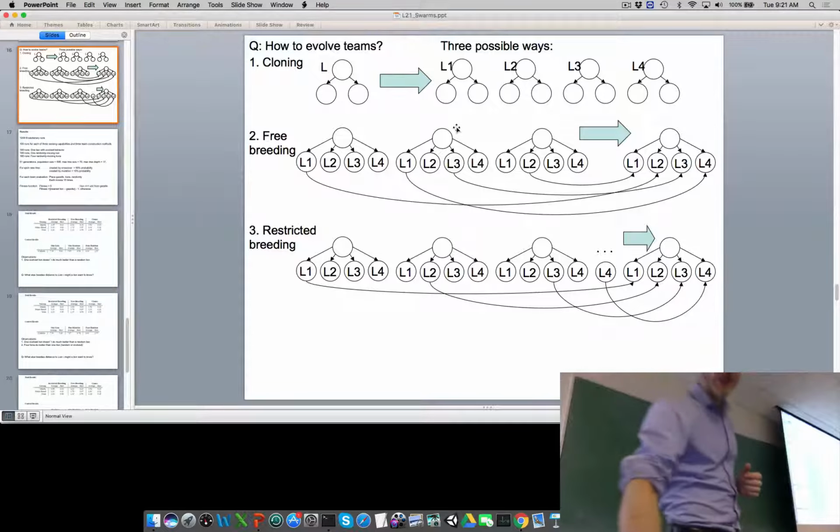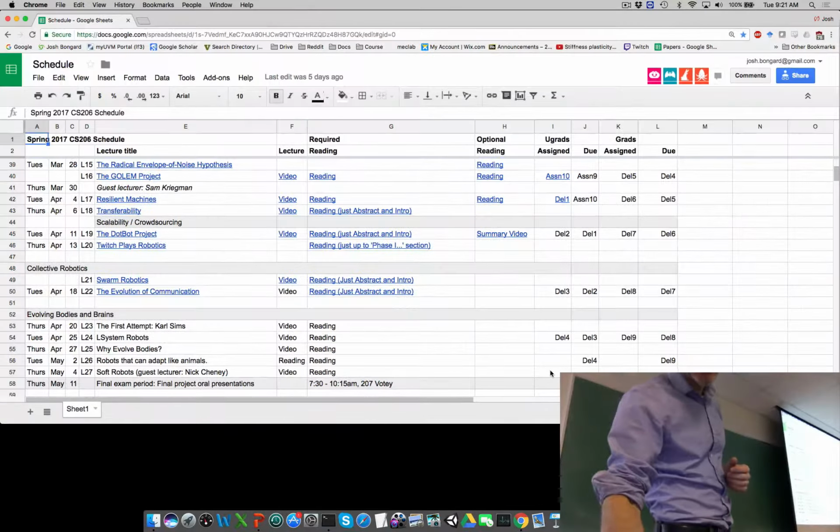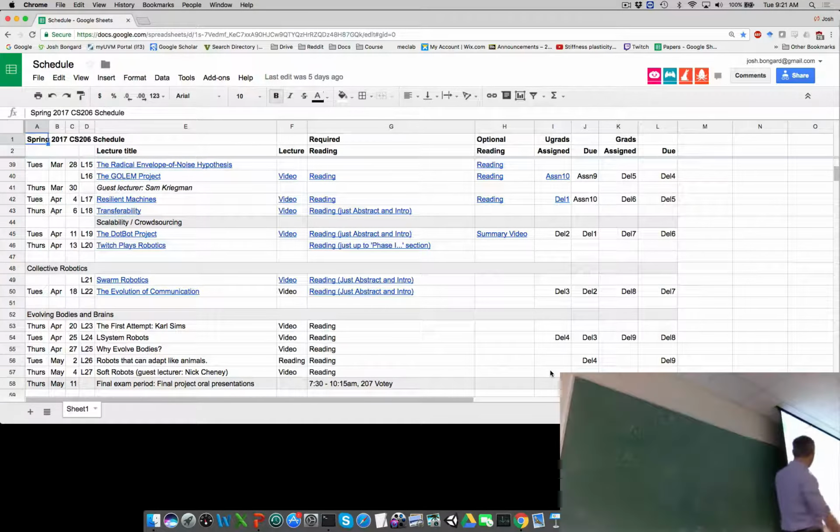So in lecture 21 here, we have been looking at coordination. We're going to move on now to communication. If you really want to coordinate action over a very large, diverse group, you can only get so far without language, without communication somehow.